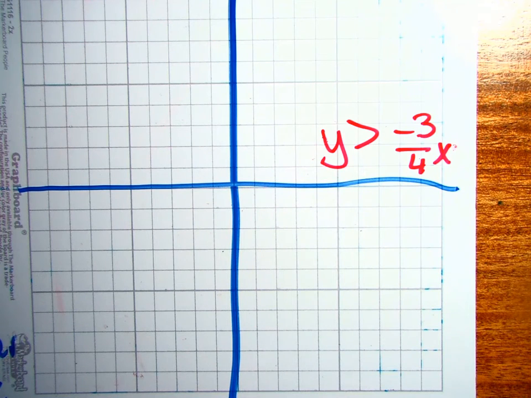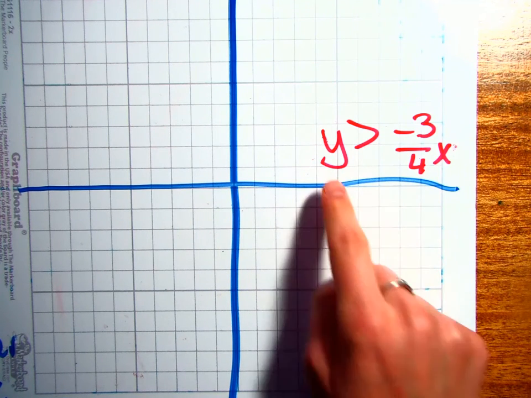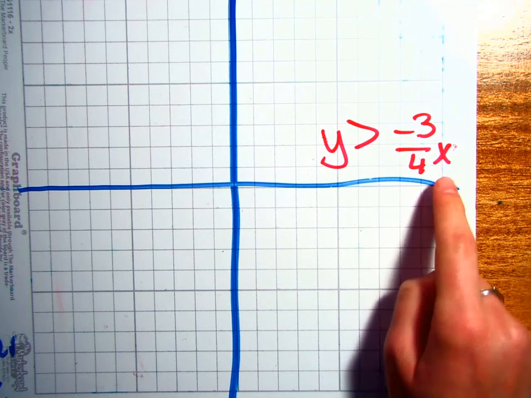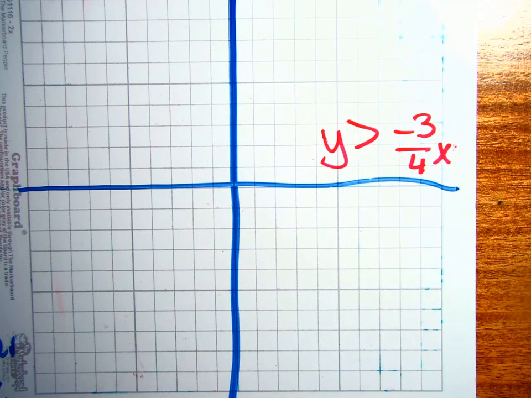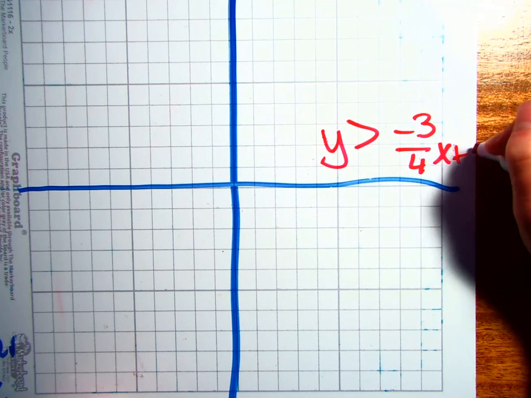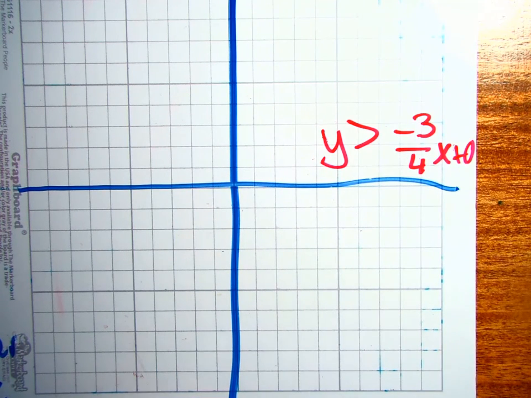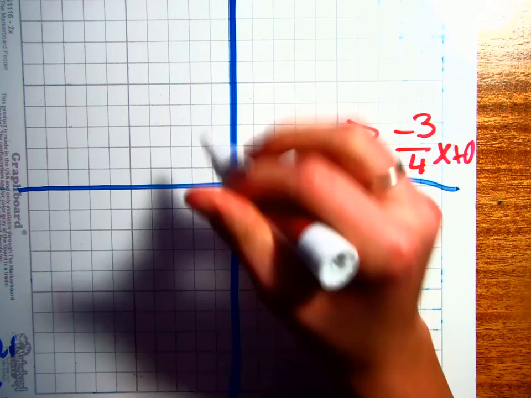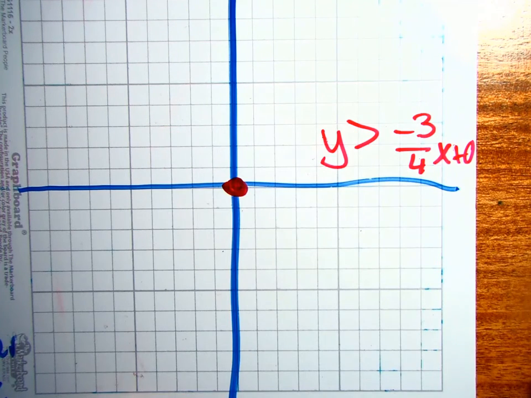Okay, we're going to get a little more practice with negative slope in this one. It says y is greater than negative 3/4 x, but there is a number missing. Remember, if you have a number missing at the very end, we just write in a +0. So our dot on the y-axis would be right here in the middle at 0.